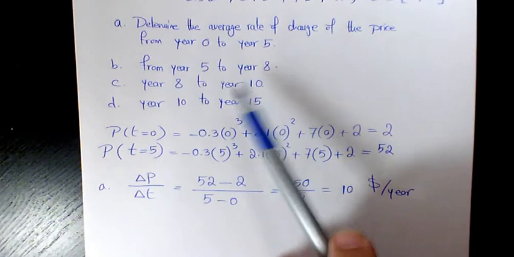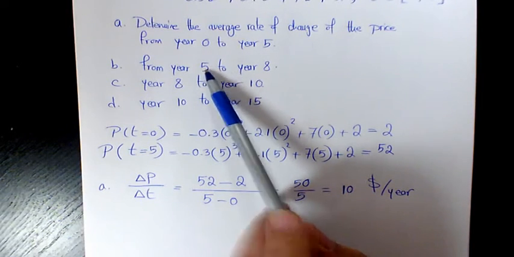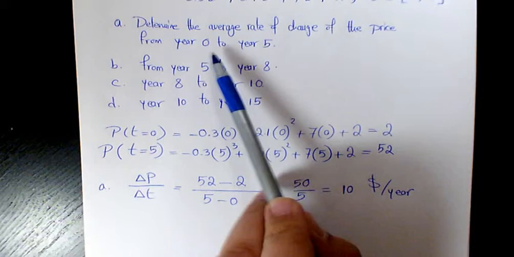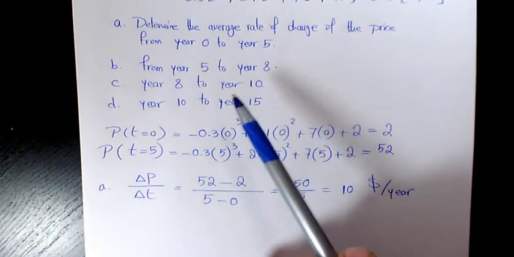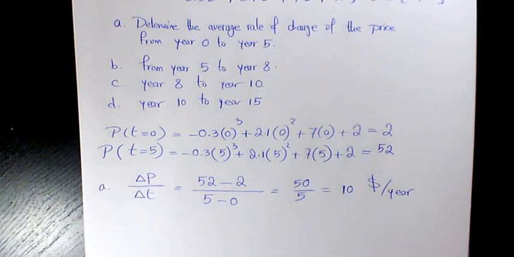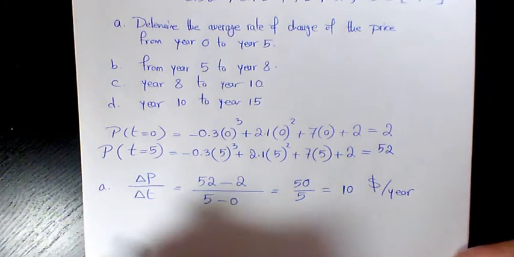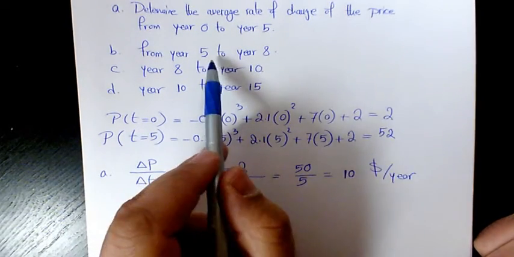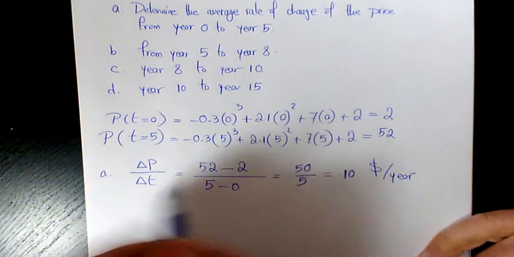It doesn't mean the average rate of change from 5 to 8 is the same as from 0 to 5. It's not necessarily true. So let's find the other average rates of change. In order to find it, we need to find the price at year 8.